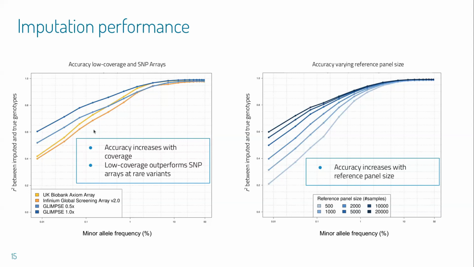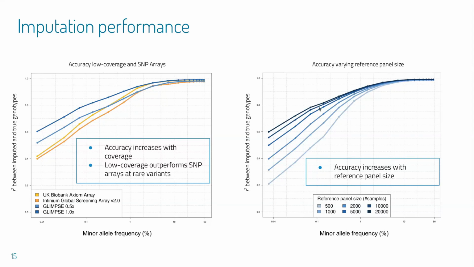So widely used SNP arrays. And as you can see, pretty much both technologies perform the same at common variants. They pretty much have the same accuracy. However, low coverage whole genome sequencing is more accurate at rare variants. And this makes sense because we have much more information in low coverage whole genome sequencing compared to SNP array data, where we have only missing data.